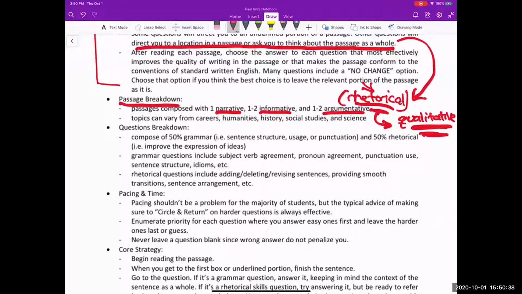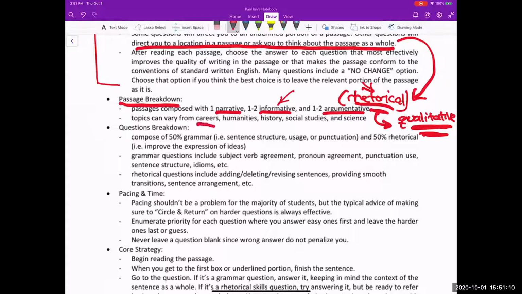Or a narrative where you're just telling a story: first this happened, second this happened, third this happened. Or something informative, scientific, nonfiction, which can also have a flow, like explaining the very first step of an experiment. So knowing each one will allow you to infer where this sentence belongs in a rhetorical sense.